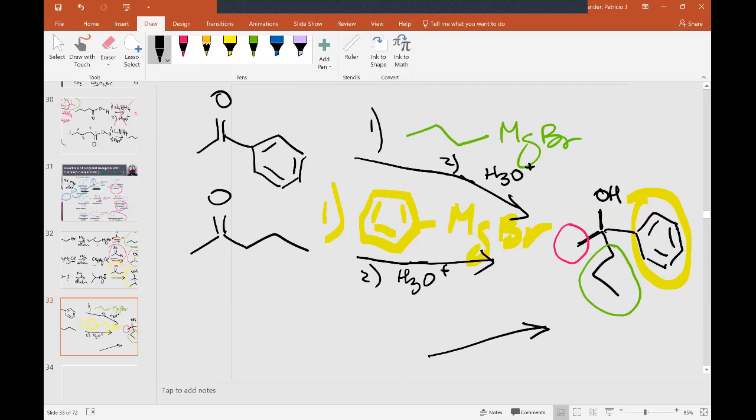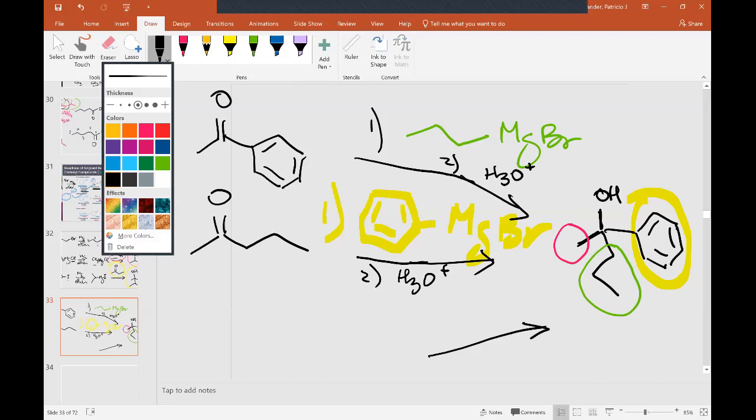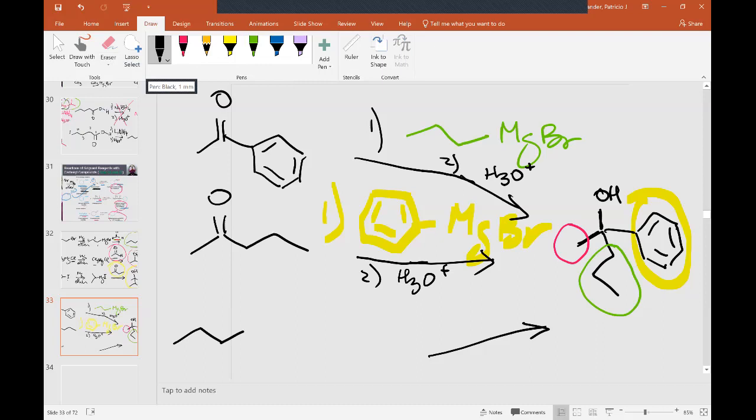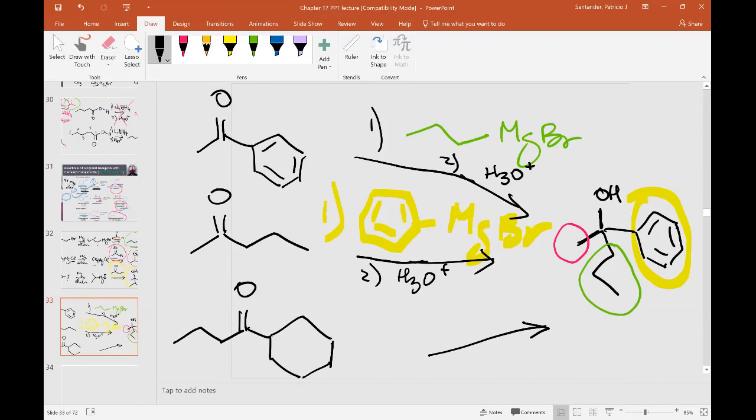And then finally, the other possibility will be that the green and the yellow were already present. So that means I already had the propyl group, 1, 2, 3, and then I had my carbonyl, and then my phenyl. So who is the newcomer? The newcomer will be the red, the methyl group.